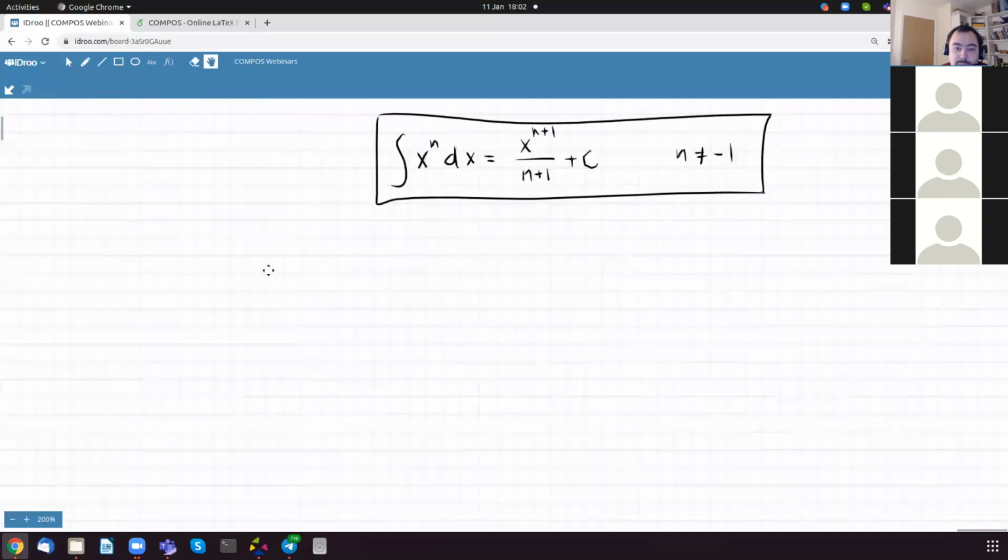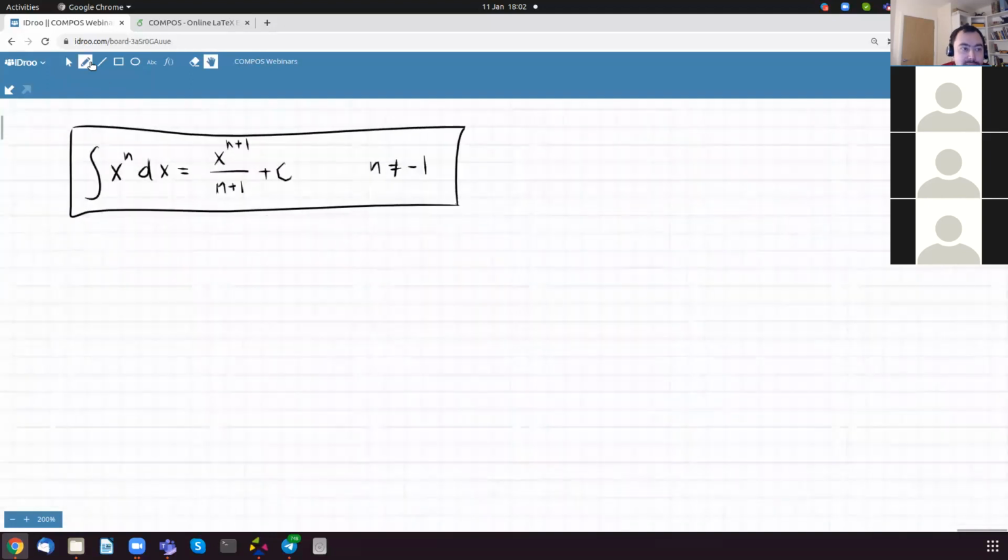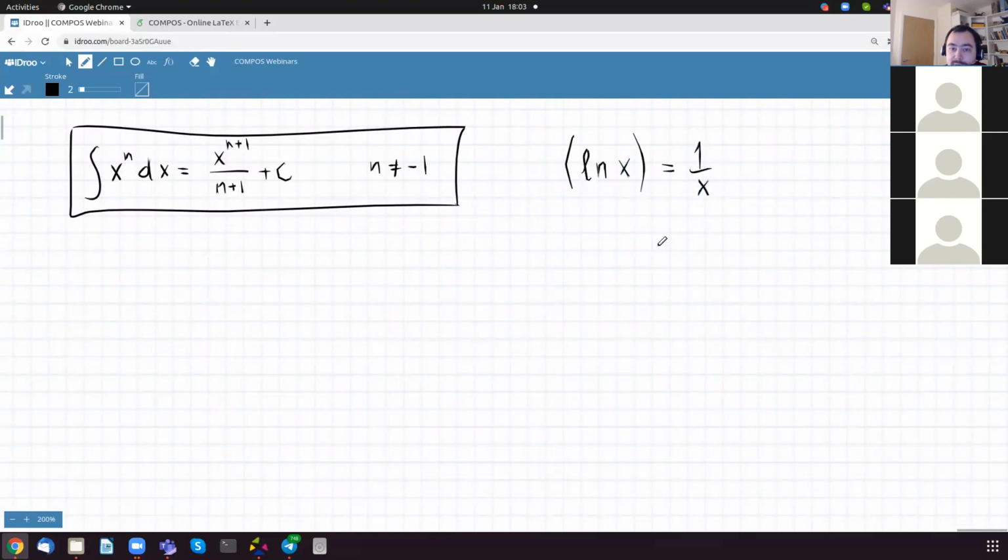Well, we know from differentiation that the derivative of the logarithm of x is equal to 1 over x. So in fact, we use that because the integral is the antiderivative.